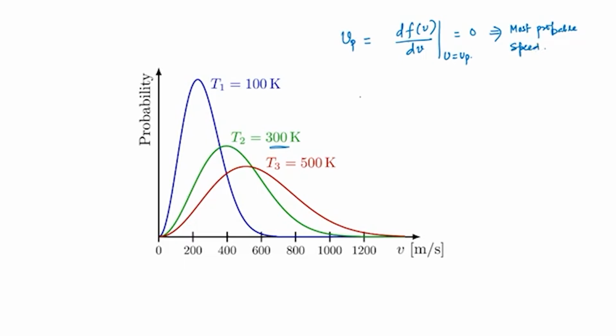Okay. Similarly, you can calculate V average by taking this V and f of V dV from minus infinity to plus infinity, and this is an odd function and this is an even function. So, this integral would vanish if you do it between minus infinity to plus infinity.